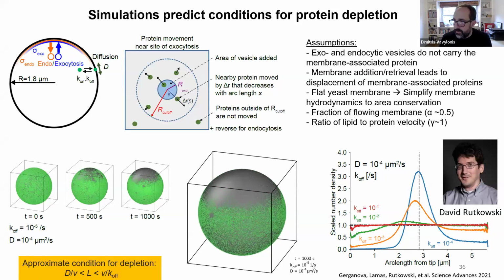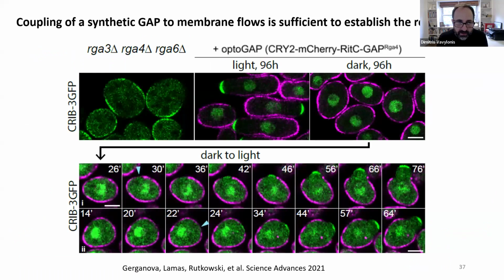Because if they dissociate and bind in the cytoplasm, they probably diffuse much faster, but on the membrane, they could be slowly diffusing.